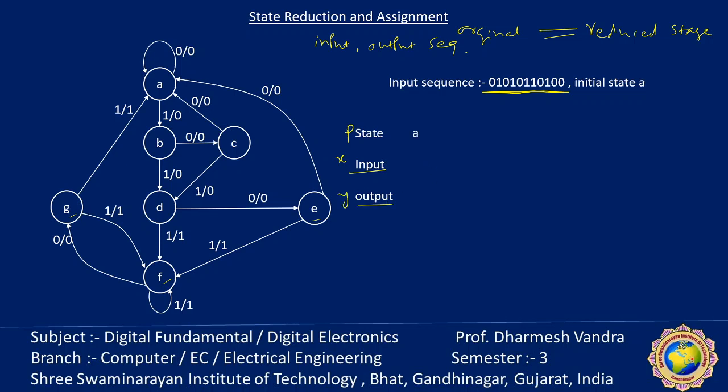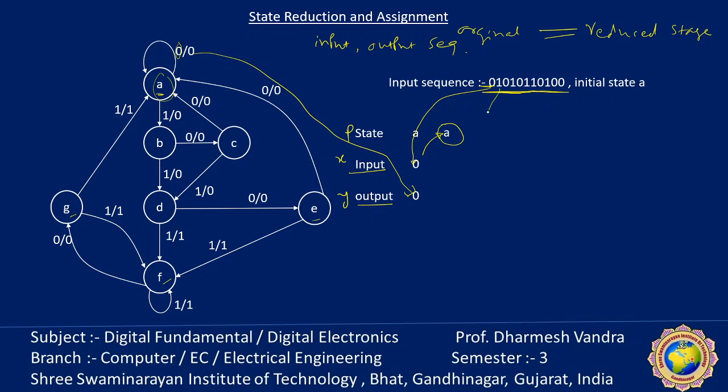At initial, we assume that the state is A, and my first input is zero. If the present state is A, the input is zero, and the output will become zero, and the next state is the same state A. This is the next state, and now this is my current state.